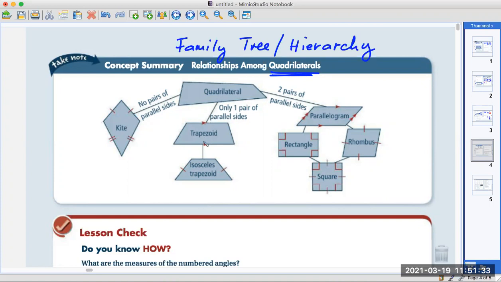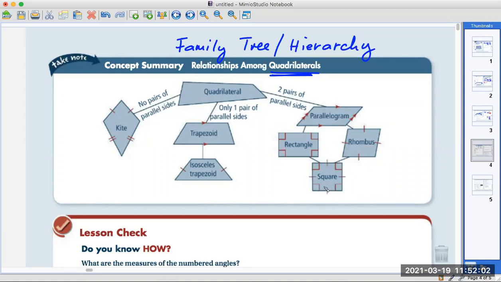Then in the middle here, the trapezoid comes from the quadrilateral, and the trapezoid has a special one, the isosceles trapezoid. So this is one branch of the family tree. And then over here, the quadrilateral is the great-grandfather of the parallelogram, and the parallelogram has all these little offspring. We have the rectangle, the rhombus, and the square. The square is on the bottom.